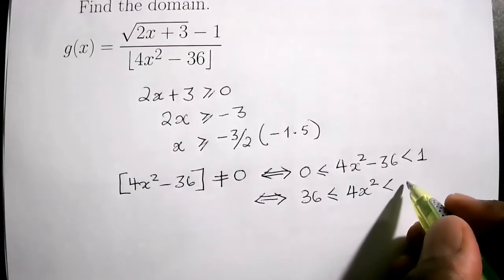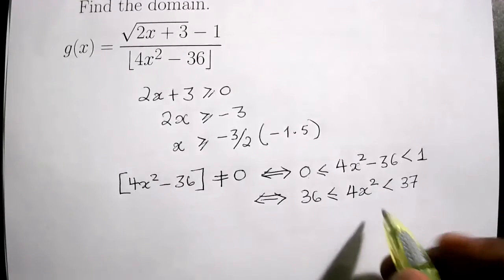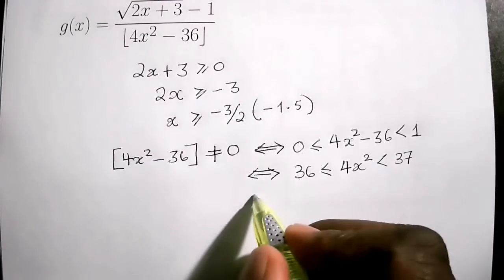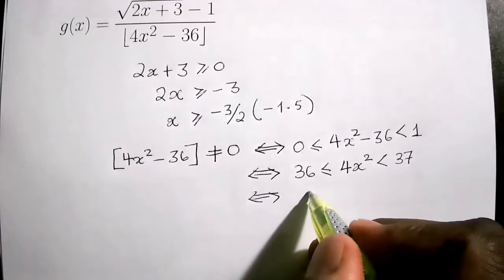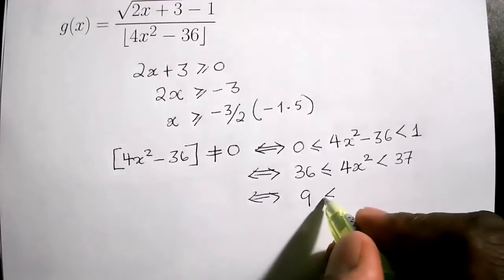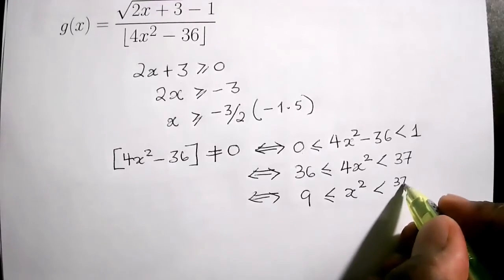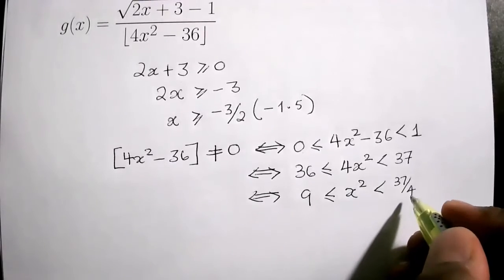And 36 plus 1 gives us 37. And we can divide right through by 4. This gives us 9 less than or equal to x squared less than 37 over 4.